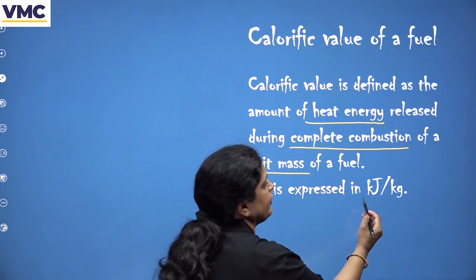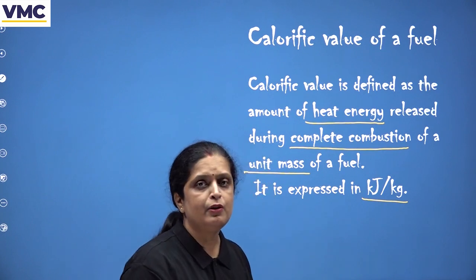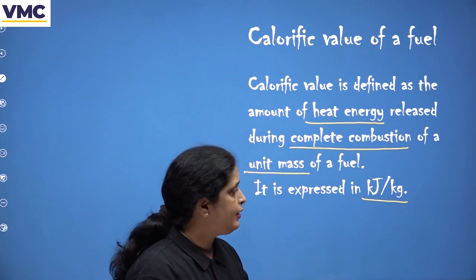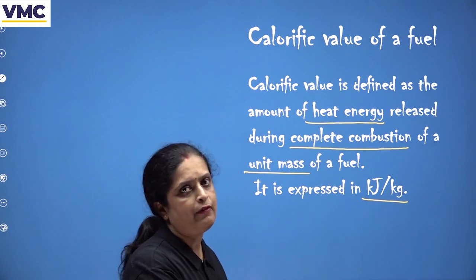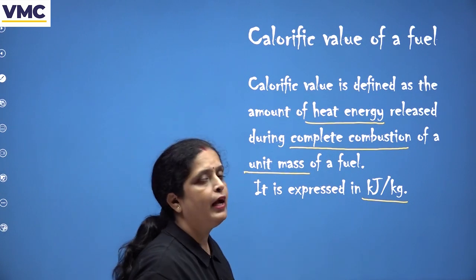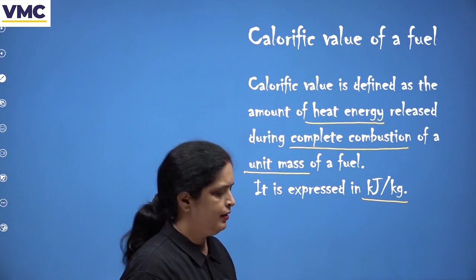The unit of calorific value is kilojoules per kg. Heat का unit kilojoules और kg fuel पर कितना heat evolve हो रहा है, that is how calorific value of a fuel is defined.